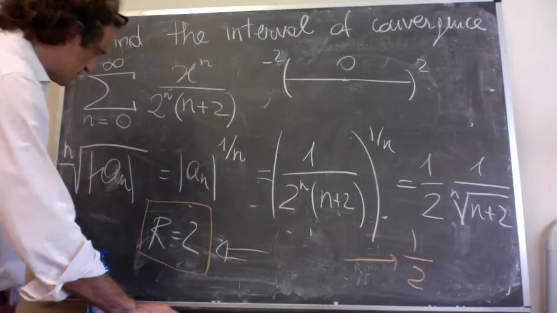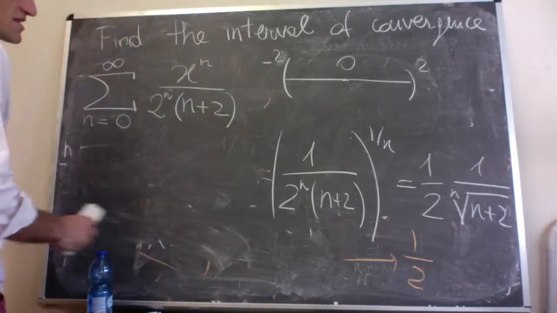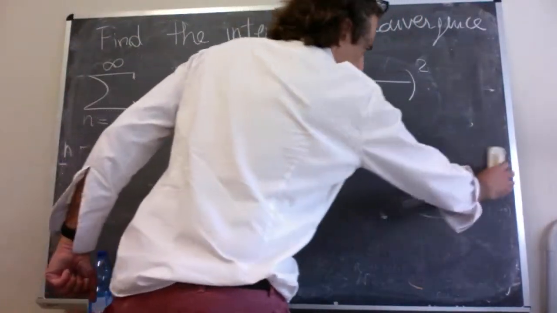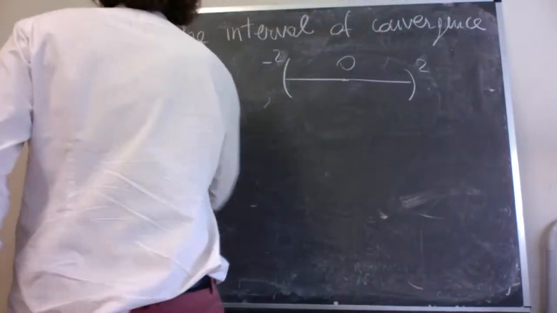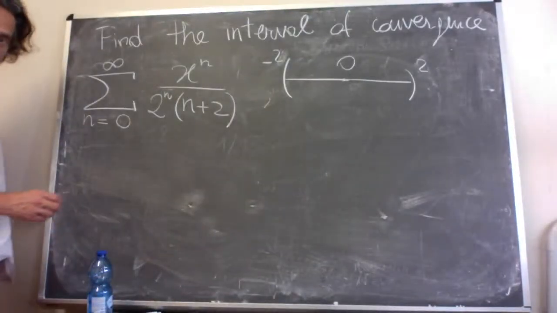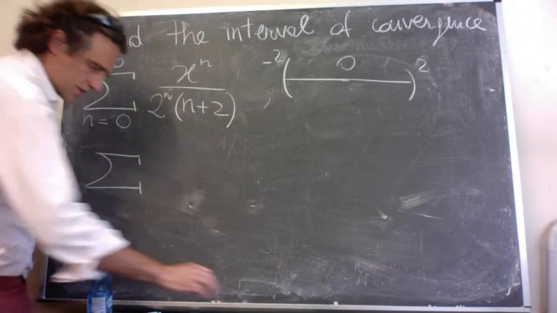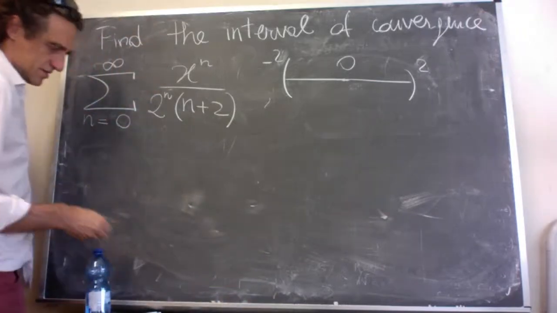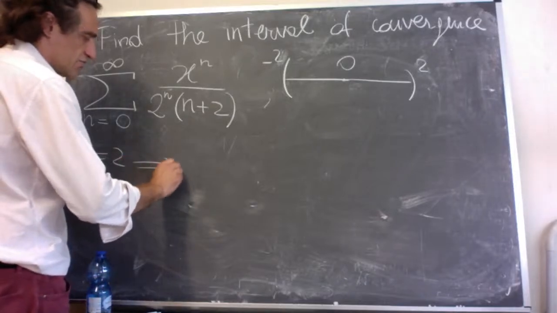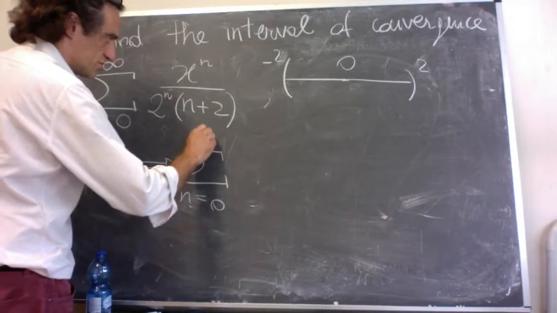So let me do it without speaking too much, and you will immediately recognize what happens. So let us start from x equal to 2. For x equal to 2, you have to evaluate this series, the sum for n going from 0 to plus infinity.